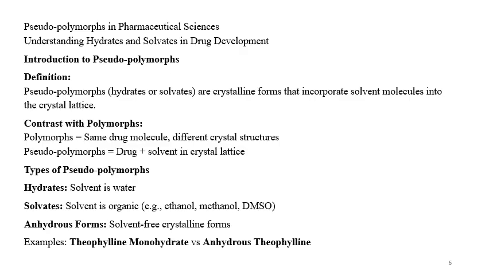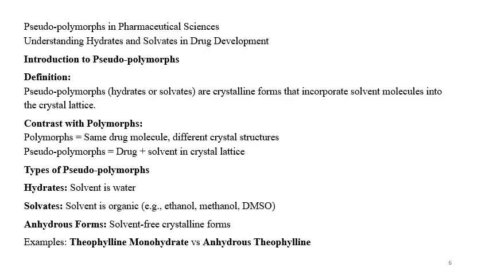Now see the pseudo polymorphs. As we have understood regarding the hydrates and solvates, pseudo polymorphs also play a great role. Pseudo polymorphs, also called hydrates or solvates, are crystalline forms that incorporate solvent molecules into the crystal lattice. For example, the pseudo polymorphs contain the solvent molecule.